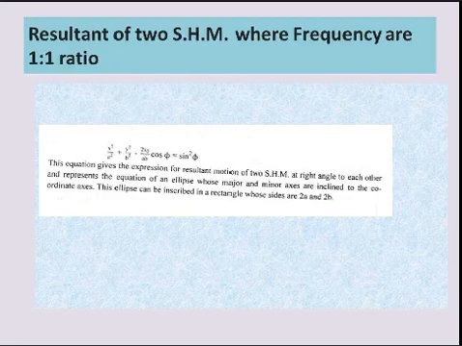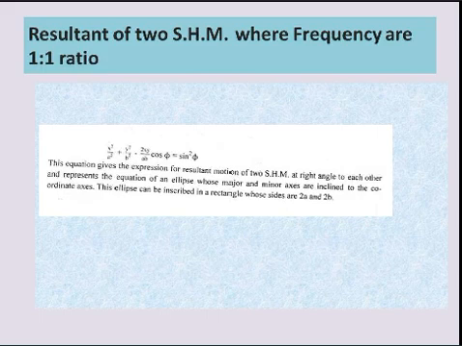Now we will see resultant of two simple harmonic motions where the frequencies are in the ratio 1:1. I will not go into the derivation. This is nothing but the Lissajous figure derivation. You will arrive at the equation x square upon a square plus y square upon b square minus 2xy upon ab cos phi is equal to sin square phi.